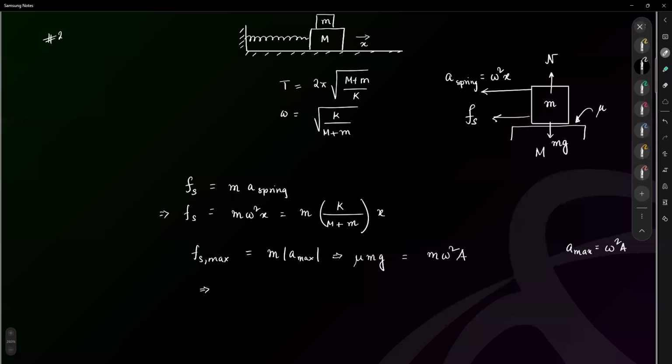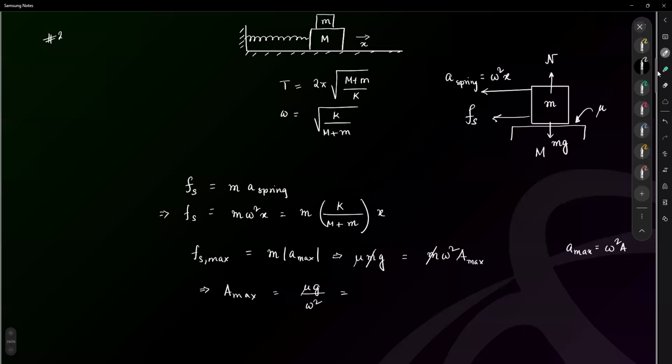So from here, can I write A, or rather it's better to write A max. A max should be equal to, see, m and m get cancelled out. It should be equal to mu into g by omega square, right?